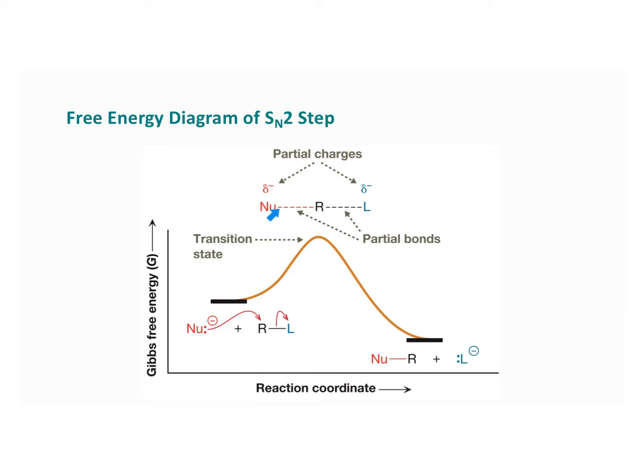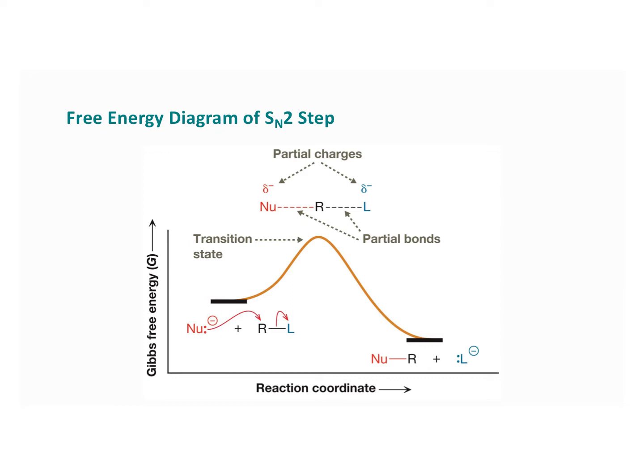What we're showing here are the bonds that are forming and the bonds that are breaking as the reaction progresses. Notice that the -1 charge disappears from the nucleophile and then appears on the leaving group as the reaction proceeds. So a partial negative charge is going to appear on both the nucleophile and the leaving group in the transition state.